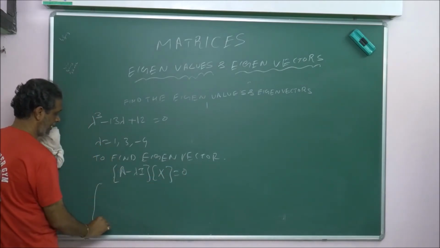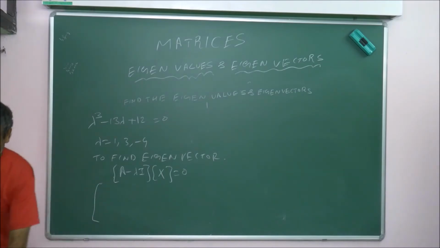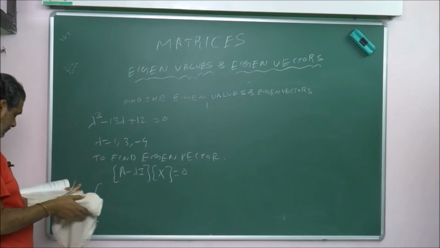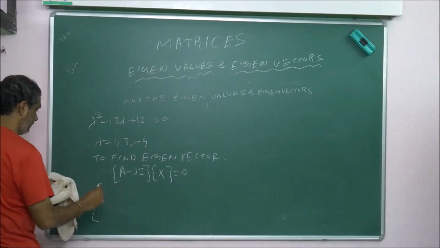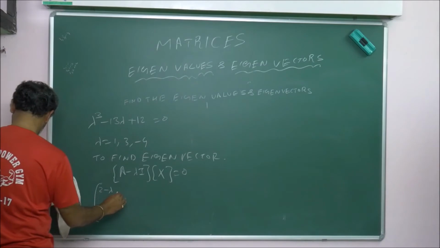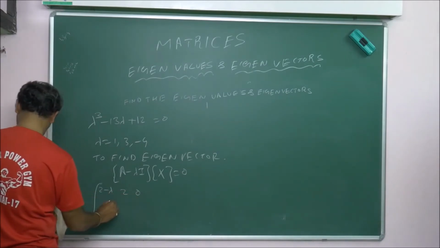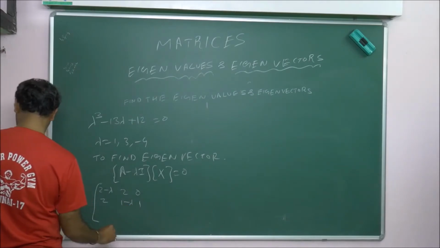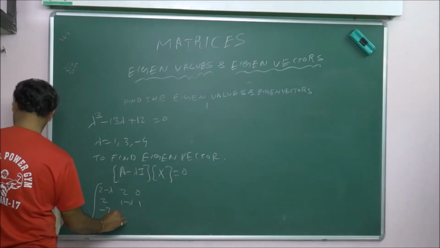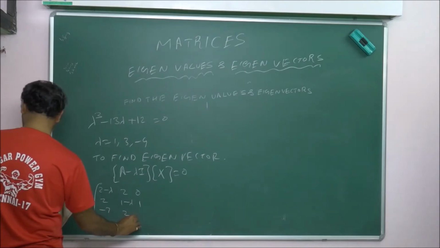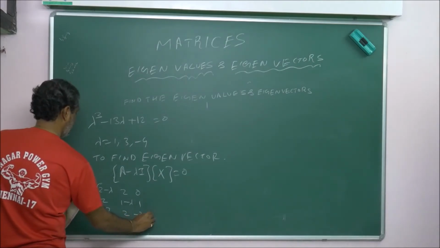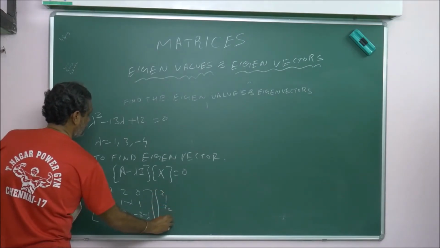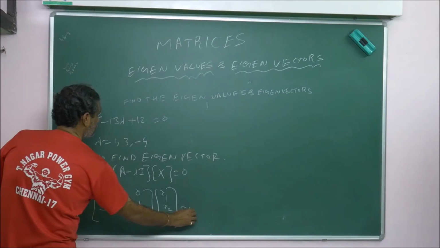In the matrix, on the diagonal elements you subtract lambda: 2 minus lambda, 2, 0; 2, 1 minus lambda, 1; minus 7, 2, minus 3 minus lambda, times x1, x2, x3 is equal to 0.